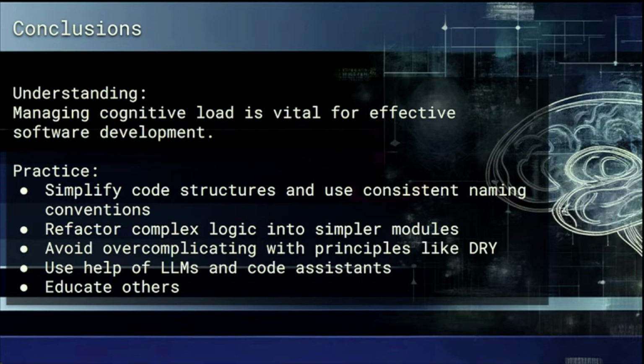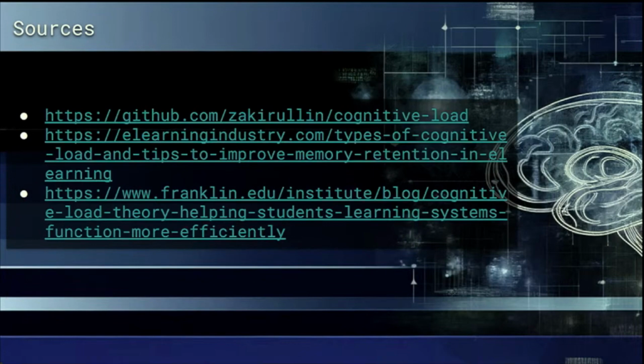There are plenty of sources on the internet. The first one is actually the main inspiration. It speaks exclusively about cognitive load in software development. There are even more examples right there in comparison to what you have seen today. And some information regarding the theory of cognitive load.